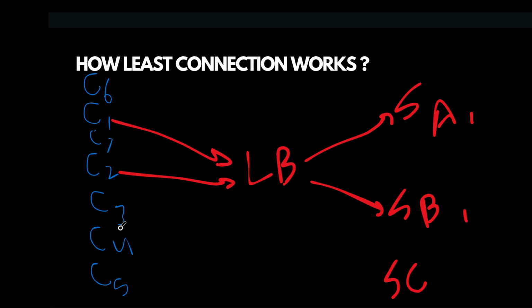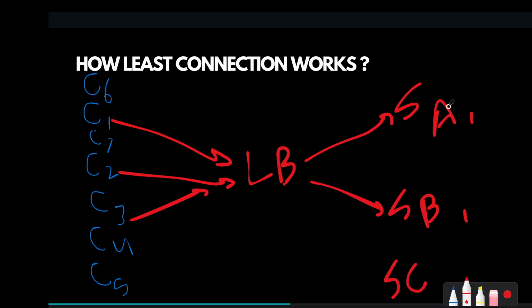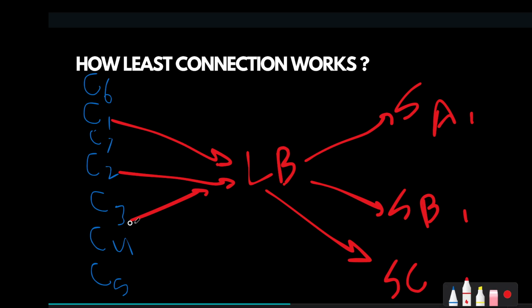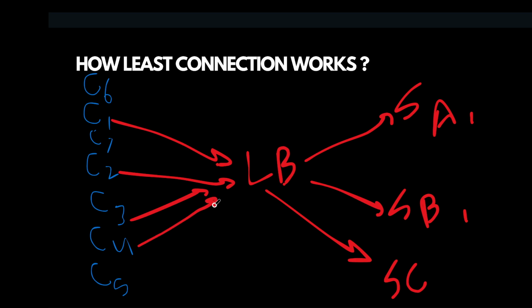The request from client 3 goes to the load balancer, and right now the load balancer will see server A has 1 connection, server B has 1 connection, server C has 0 connections, so it will redirect it to server C. So all servers have 1 connection right now. So when client 4 tries to send a request, the load balancer might pick server A or use a secondary tie-breaking rule like round robin if all are equal. Server A now has 2 connections.